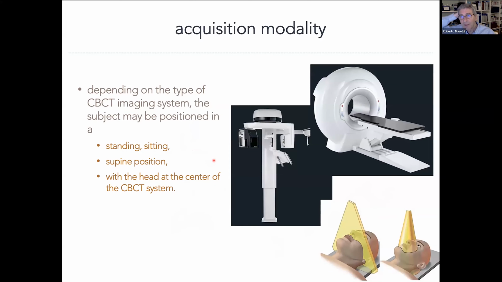I already mentioned the possibility of reducing the exposure dose in the X-ray beam for the assessment of the skull base and the paranasal sinuses using cone beam. There are several types: sitting or standing, and supine. Of course, sitting or standing, you can have more movement of the patient.